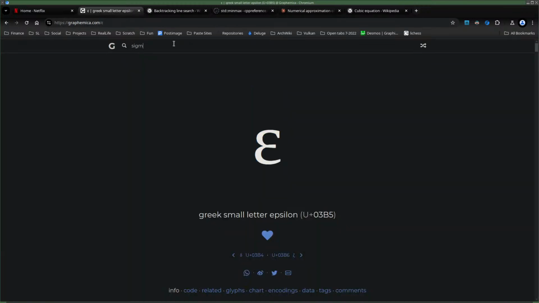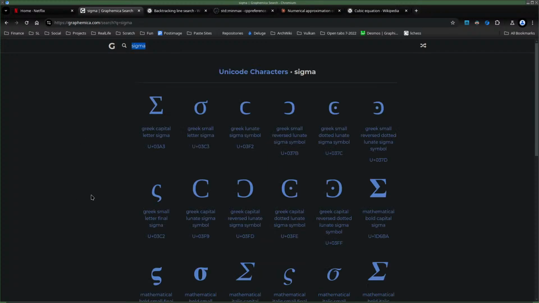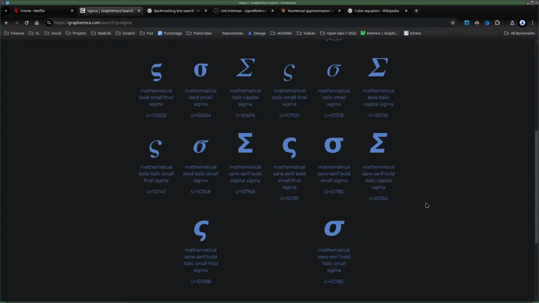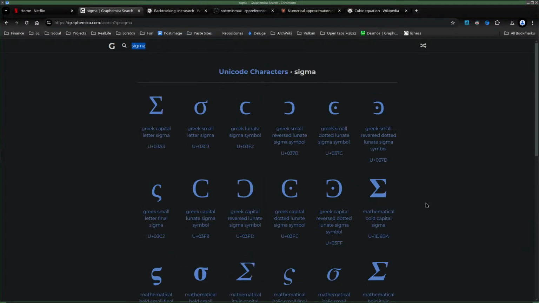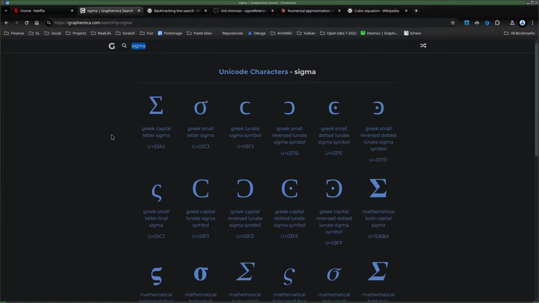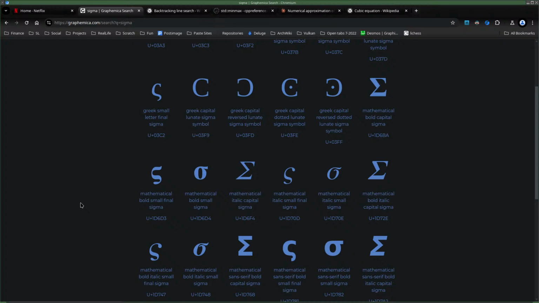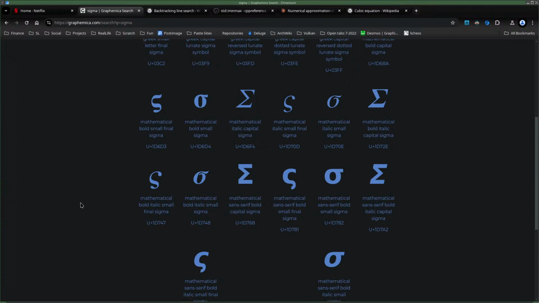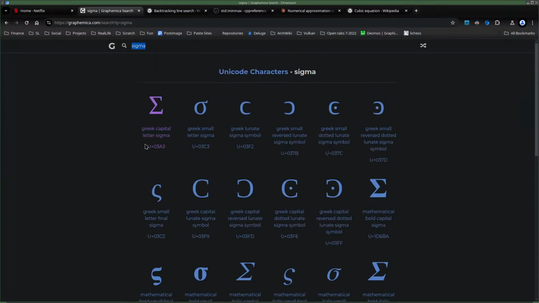Sigma. Mathematical bold. I don't need bold. Why is the word mathematical only mentioned when it is bold or italic? I'm just gonna go with this one.